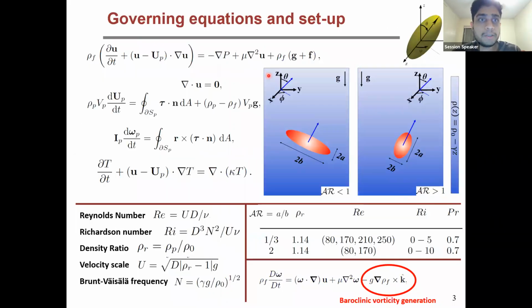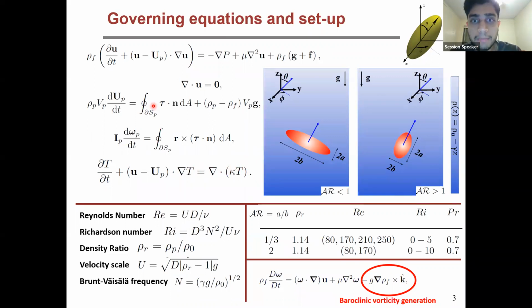To this end, we solve the Navier-Stokes equations for calculating the flow field, and in addition to that, we solve the advection diffusion equation for the temperature, which gives us the variation in the density.